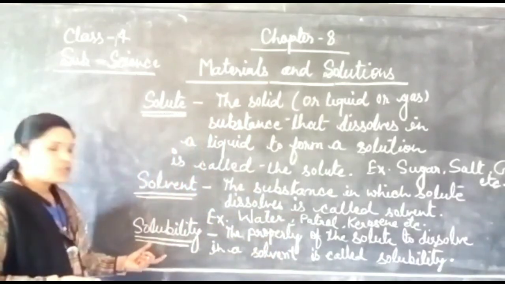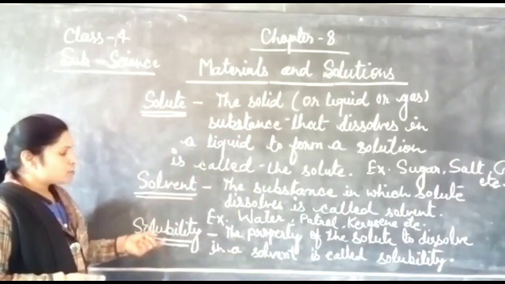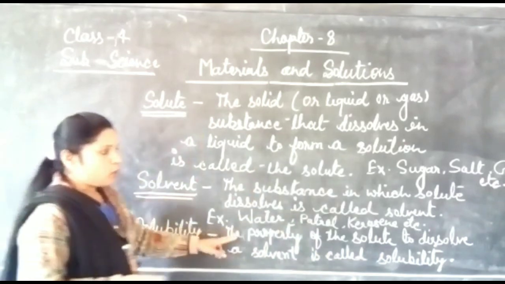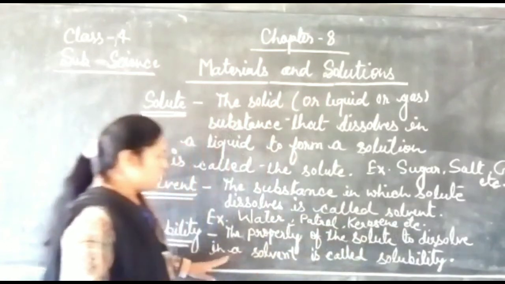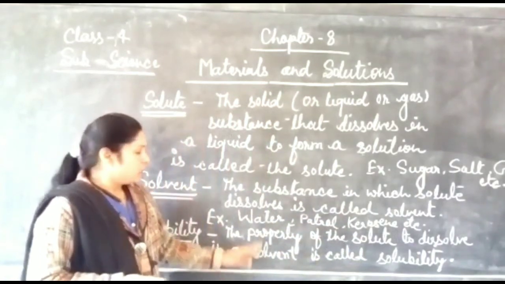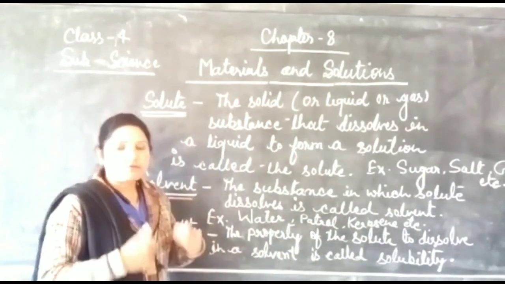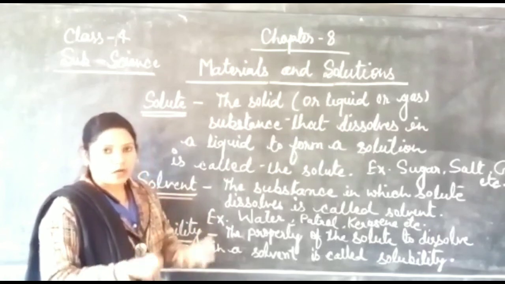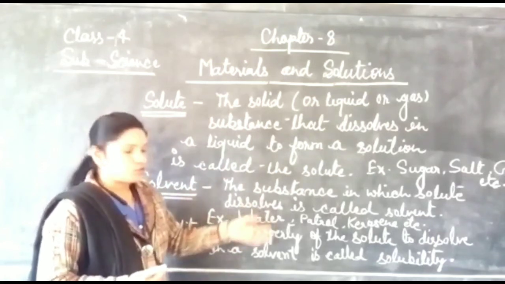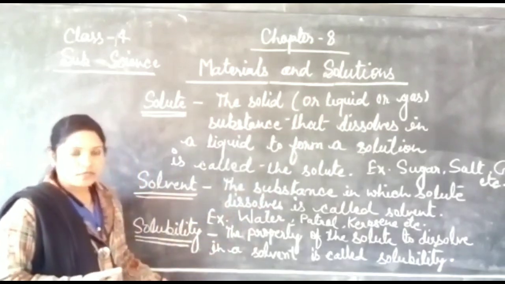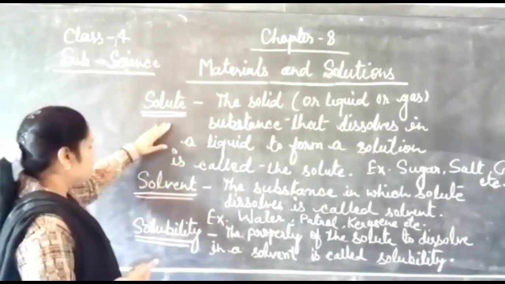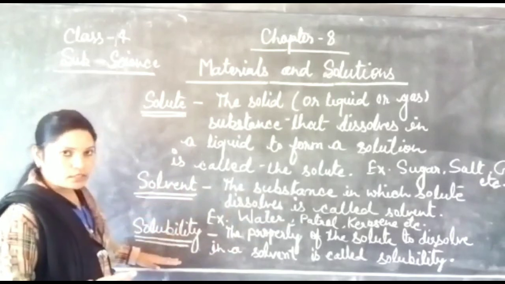Now come to solubility. Solubility is the property of the solute to dissolve in a solvent. It means the ability of a solute to dissolve in a solvent like water, petrol, kerosene, etc. This is called solubility. So we have seen solute, solvent, solubility.